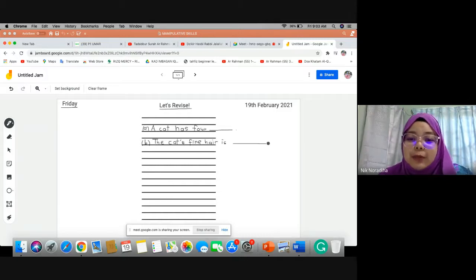Only non-human. If we see the hair on an animal, we call it fur. For humans, we don't call our fine hair fur. Human not included, animals only. Animals, we call their fine hair fur.